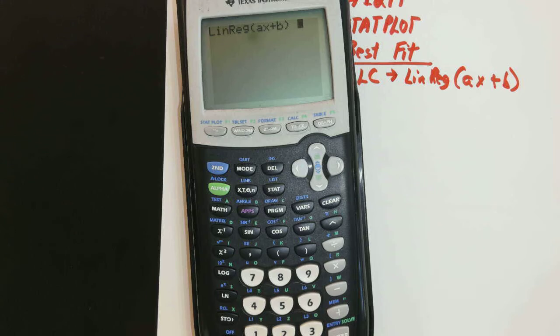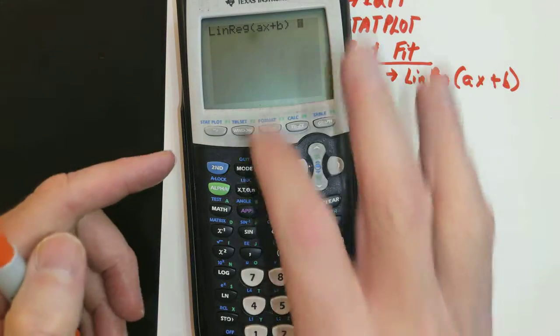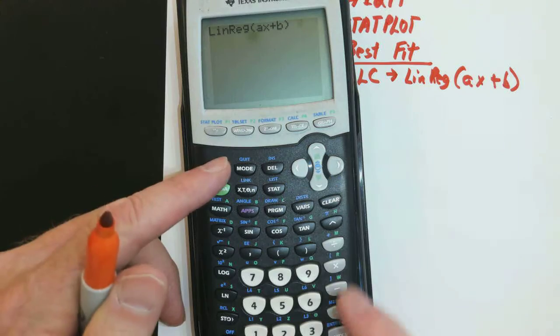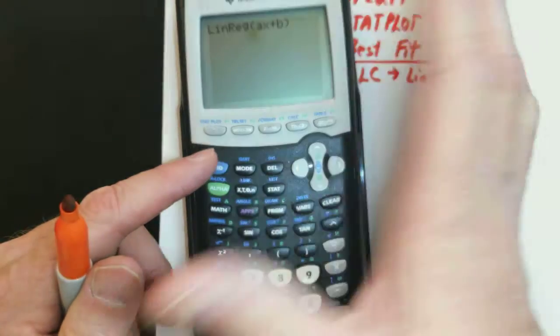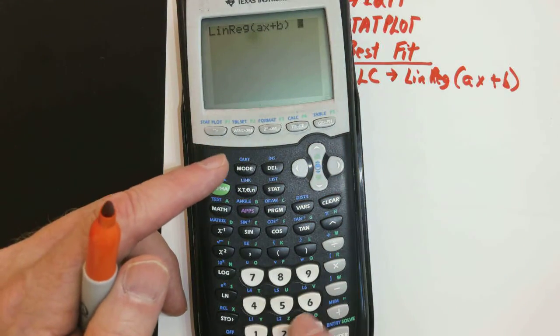Now, your newer calculators probably give you some prompts to put in. Am I right? Okay. For your x, put L1. For your y, put L2. What I have to do, I don't get those prompts, and it's the only data I have, so I probably don't have to do this, but I'm going to.